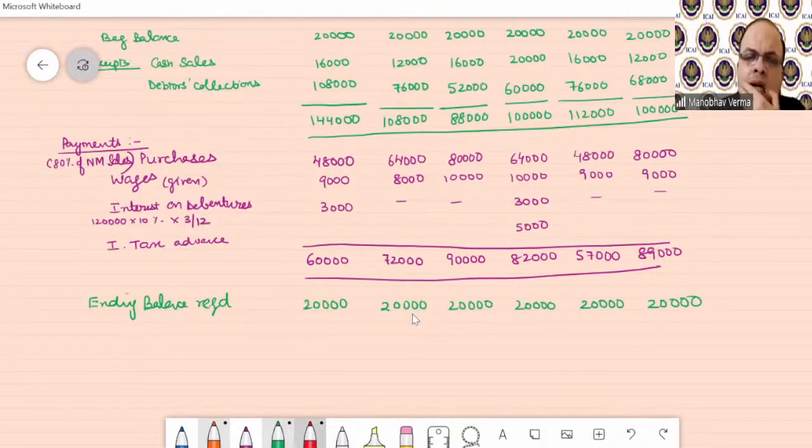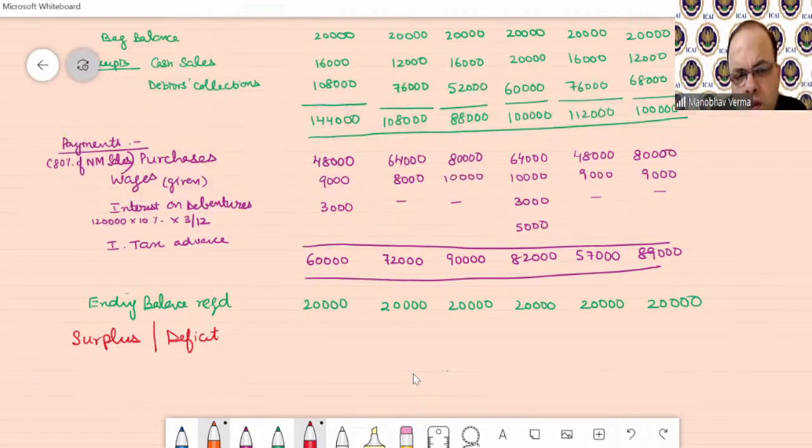And let us say, in actual, disregarding this 20,000, let's say that we need to have this 20,000 with us. Do we have a surplus or a deficit? Let's say we have 20,000. Whether we have a surplus or a deficit, let's write down a deficit in the brackets.